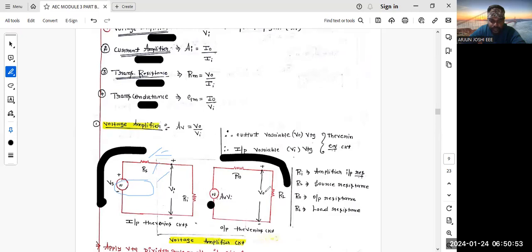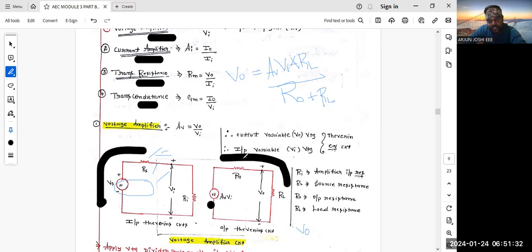How to apply it? I want Vo. Vo is equal to the total input voltage Av Vi, into the resistance across which we are going to check Vo, so that's why we take that resistance RL, divided by the sum of resistances, that is nothing but Ro plus RL.